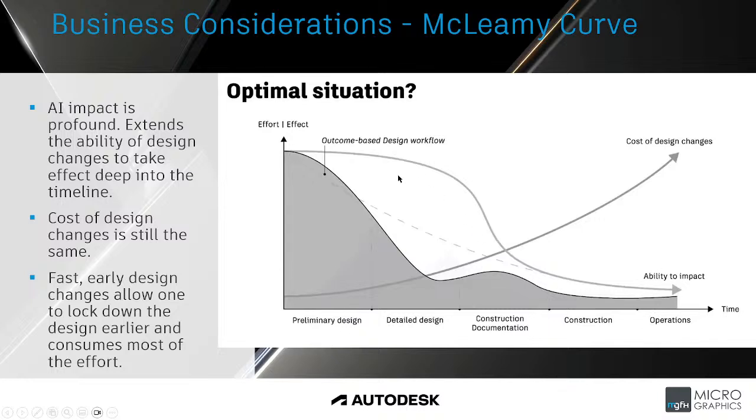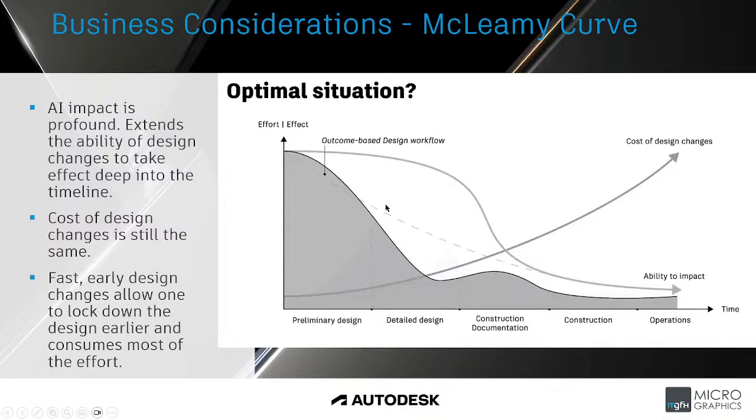But note, even though you can affect that change, if you go down onto the cost curve, it will still have a cost implication. So the goal would still be the same if you're looking to maximize your profits, and that is to have the earliest sign-off on the project.